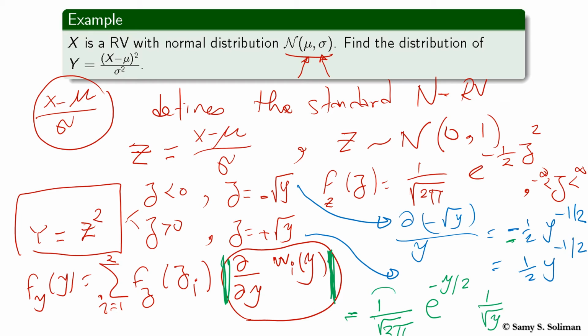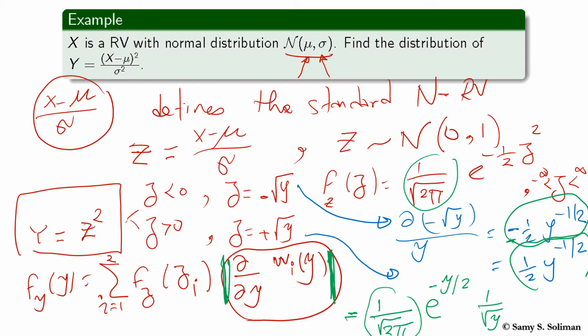Of course, this is 1 over 2 pi coming from here, and then e power negative half z squared. Now we have z squared equal to y, so we get e power negative y over 2, multiplied by the Jacobian. For one interval it is half y power negative half, so that is 1 over 2 square root of y.